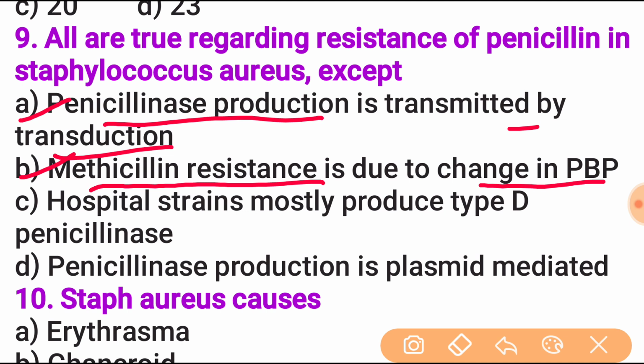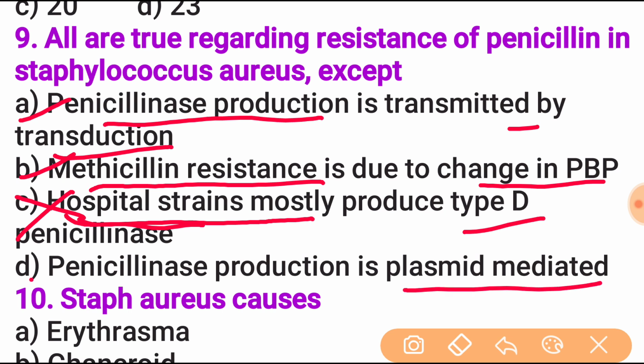Here you have to remember that hospital strains produce type A, not type D. So type A penicillinase is produced by hospital strains. So this is wrong, and penicillinase production being plasmid mediated is also a correct answer.